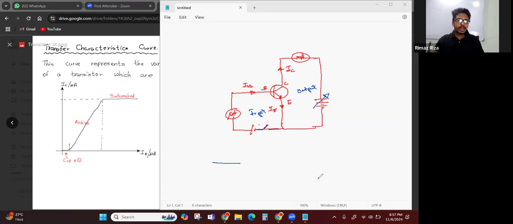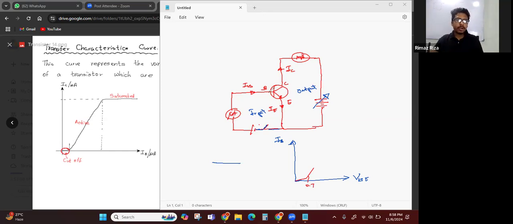Now in the input characteristic curve that you studied, the variation of IB versus VBE, when you increase VBE, the IB current stays 0 until 0.7 and then it increases. So until you reach this barrier voltage, there won't be any current in the output circuit.